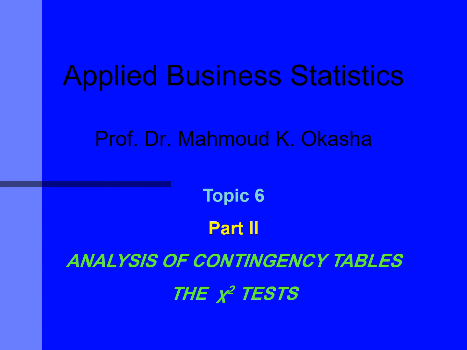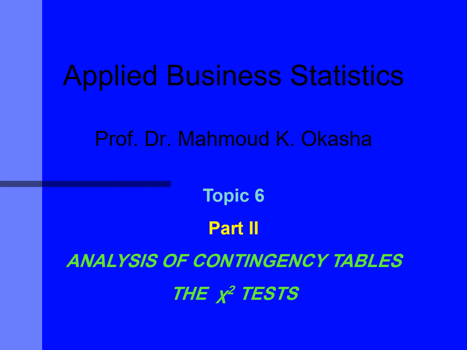Welcome again to the Applied Business Statistics course, and on topic 6, the second part, which is on analysis of contingency tables or the chi-square test or analysis of goodness of fit test.